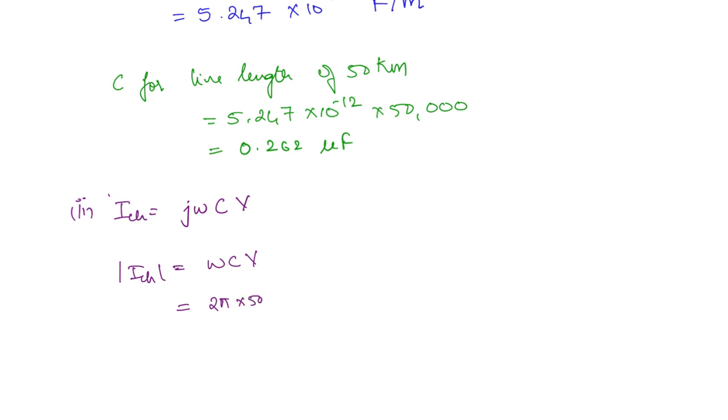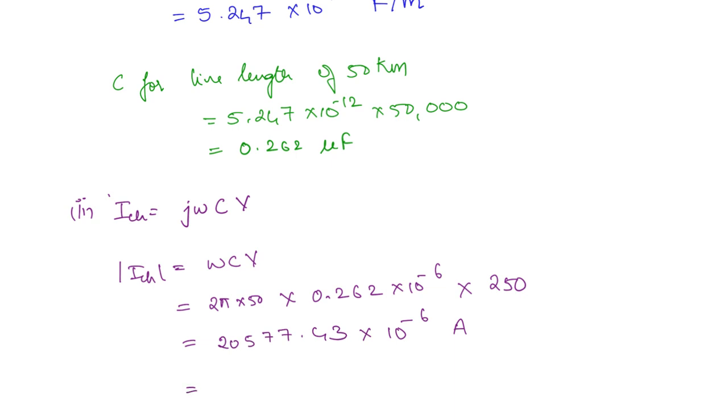So, 2 pi into 50 into capacitance we found as 0.262 microfarad, so into 10 to the power minus 6, into the voltage given as 250. So, you are going to get 20577.43 into 10 to the power minus 6 amperes. You can write in terms of microamperes or milliamperes. In milliamperes it is going to be 20.57 milliamperes.